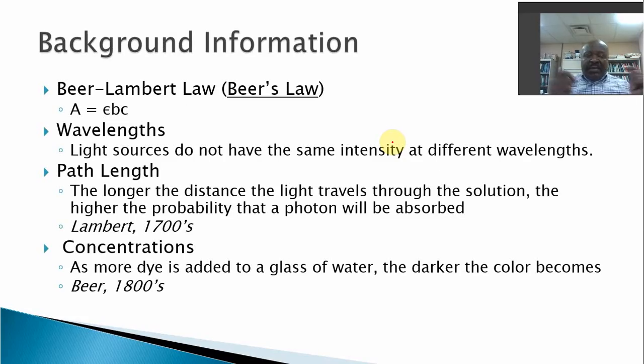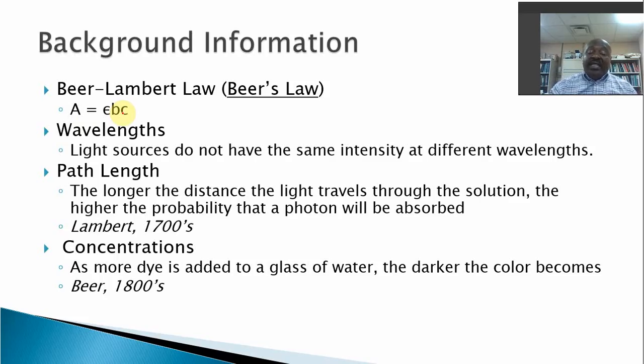So we're going to figure out lambda max. We've done that before, back in 1510. And then do a calibration plot of absorbance versus concentration, in our cuvettes, those round cuvettes. Molar absorptivity, whatever those are. Anyway, the plot should be linear.